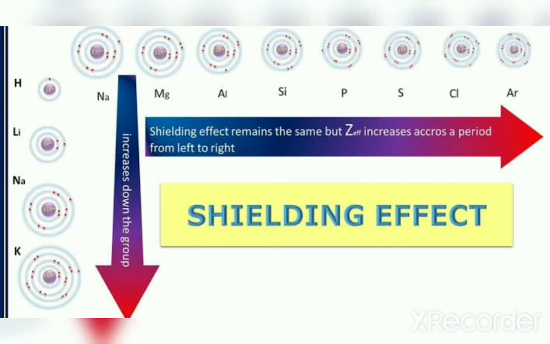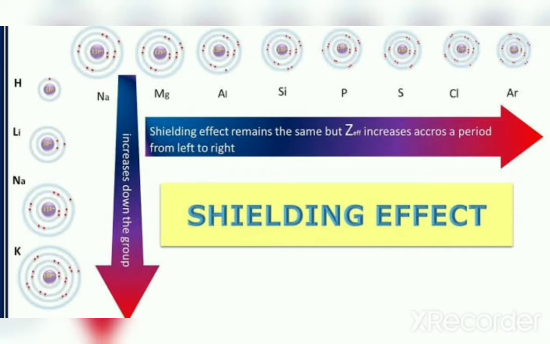Now consider lithium. You know that the atomic number is 3 and the electronic configuration is 1s2, 2s1. So in the case of lithium, the valence electron is in the 2s orbital, and the first shell is the inner shell, which has 2 electrons. These 2 electrons present in the inner shell will shield the valence electron from the nucleus.